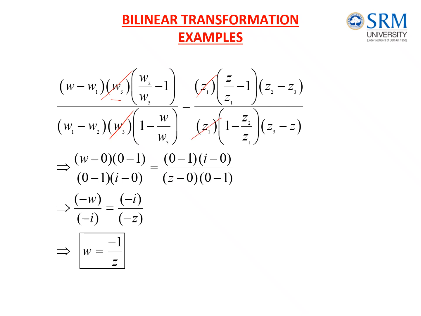If you substitute infinity, this term becomes 0. Then simplifying further, you get the bilinear transformation w equal to minus 1 by z. So if infinity comes, you need to do this simplification before substituting the values in the cross ratio property. Then you can easily understand how to simplify and get it.